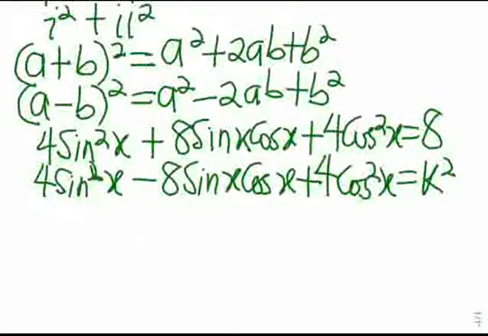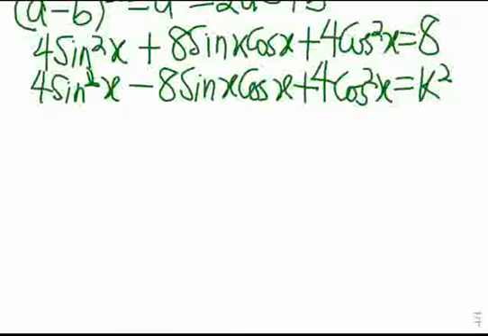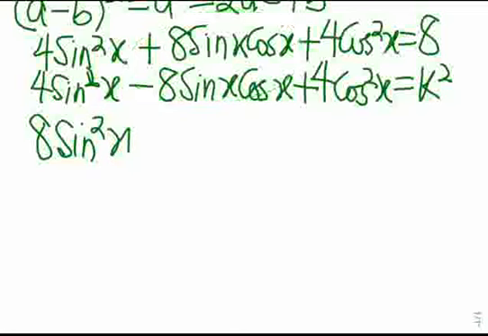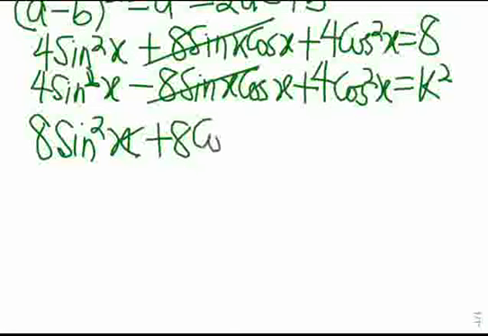Now let's add both equations together and see what it will give us. This plus this will give what? 8 sin square x. If you add this together, they cancel out. Adding this side will give 8 cos square x.